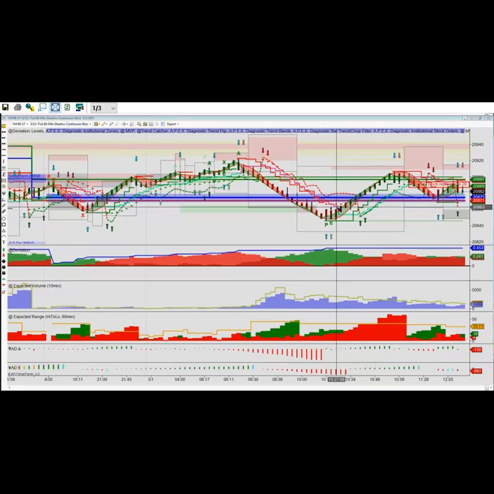Or where would I set my take profits? Or where would I get in if I was a breakout trader?